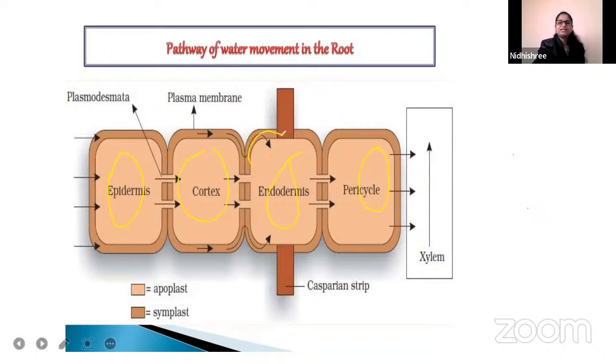And the transport within the cell wall and cell membrane is the symplast. Apoplast and symplast. Plasmodesmatal connection, plasma membrane. Cell to cell transport is called apoplast. Transport through plasmodesmata and the plasma membrane is called symplast. Okay.